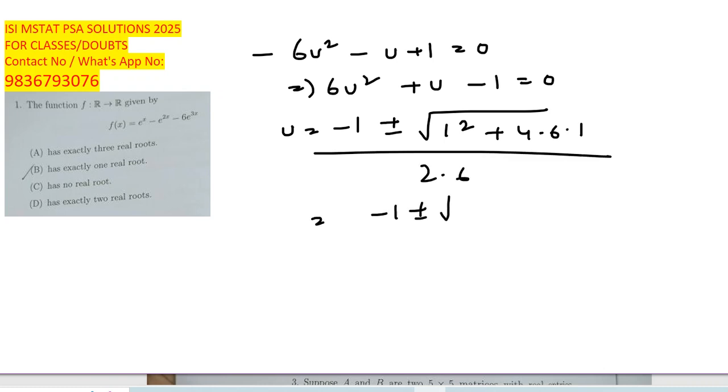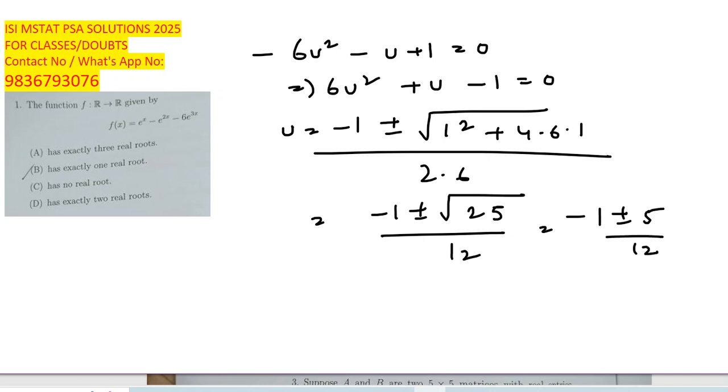So minus 1 plus minus root 25 by 12, or minus 1 plus minus 5 by 12. So u will be equal to 4 by 12, comma, minus 6 by 12.